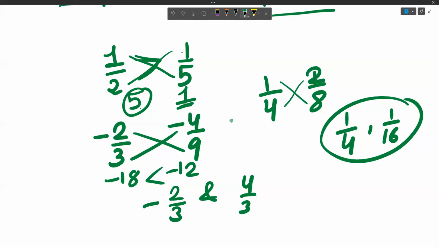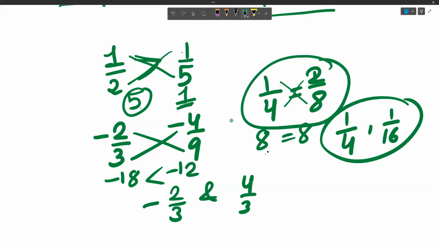You just cross multiply. 8 into 1 and 4 into 2, 8. Both are the same. What does it mean? Both are equivalent fractions. Nothing is more or less. Both are the same.